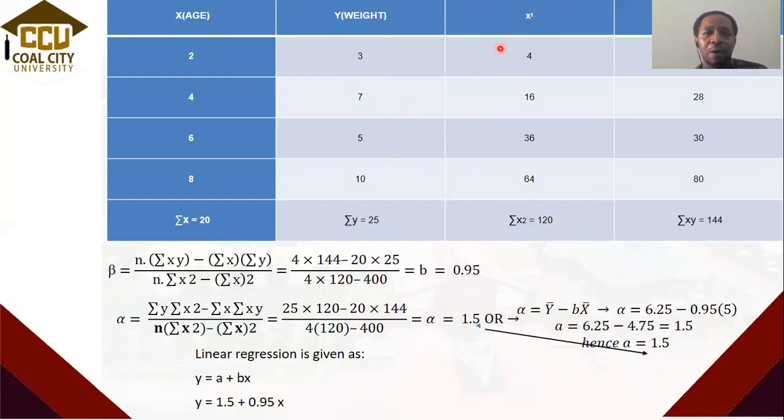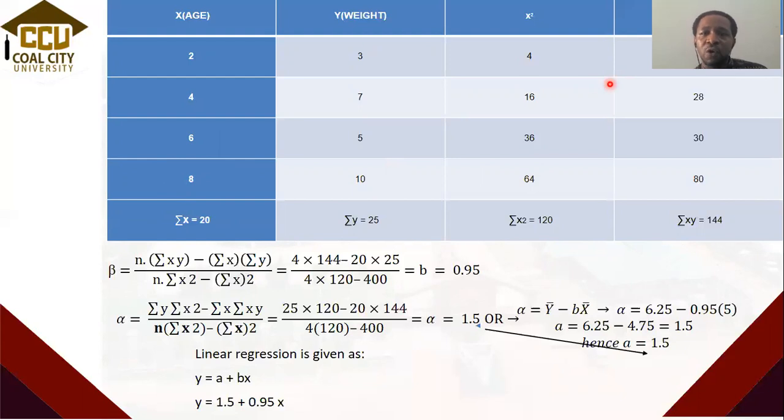You raise it to the power of 2. 2 raised to the power of 2 will give you 4. 4 raised to the power of 2 will give you 16. 6 raised to the power of 2 will give you 36. 8 raised to the power of 2 will give you 64. Are we following?